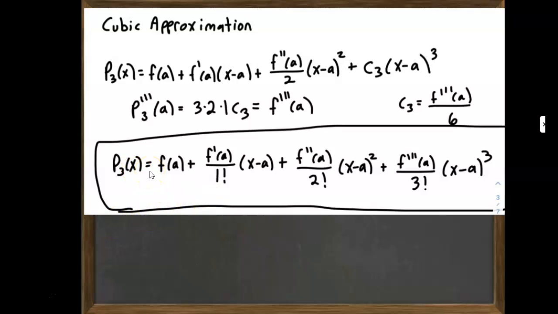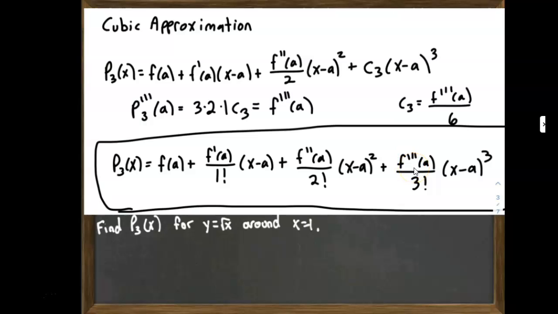Okay, so we want to take now and compute our P3 polynomial for the square root of x. Still around the same point as before. Sticking with the same point because we can just take the stuff from before: 1 plus 1 half times x minus 1 minus 1/8 times x minus 1 squared.